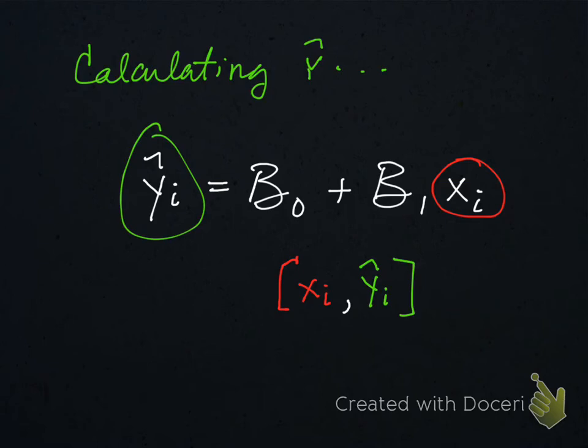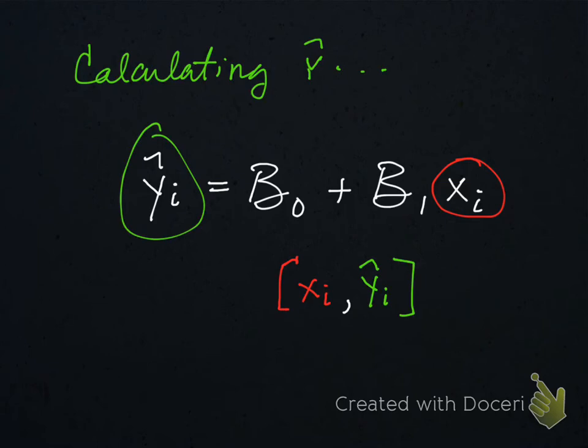It's super simple to get these predicted y's once we have those two intercept and slope parameters. In fact, if we just calculate two predicted y's for two different individuals, if we were doing this by hand, then we can just connect those two points and get the whole line in one fell swoop.